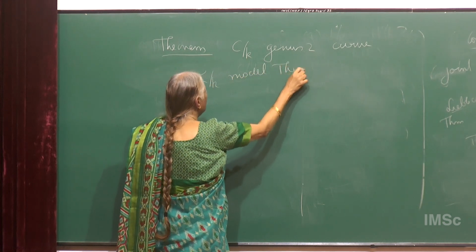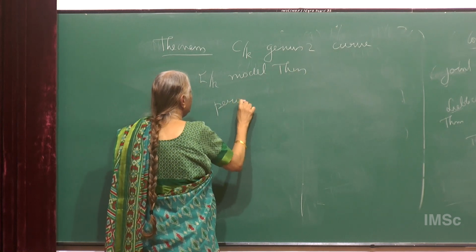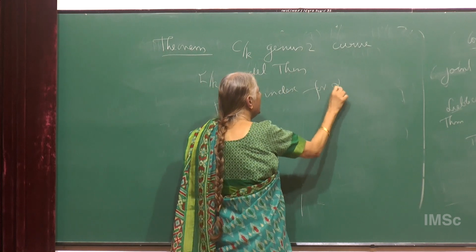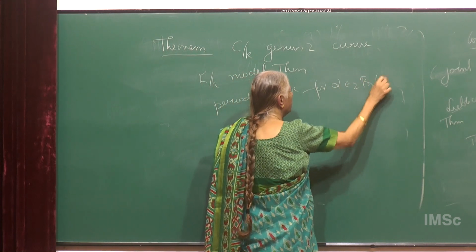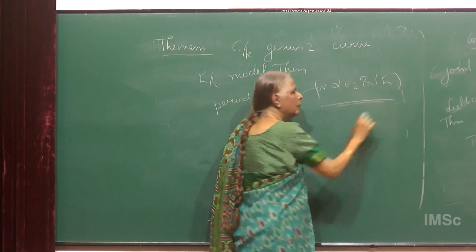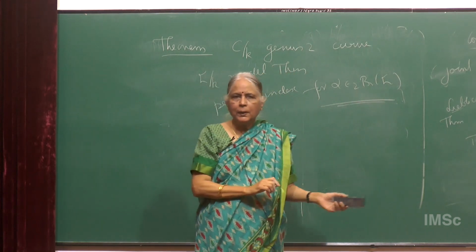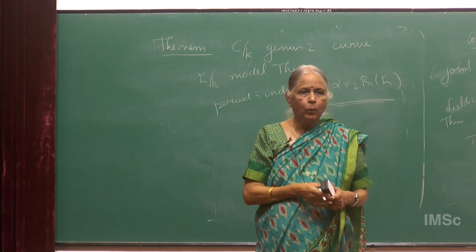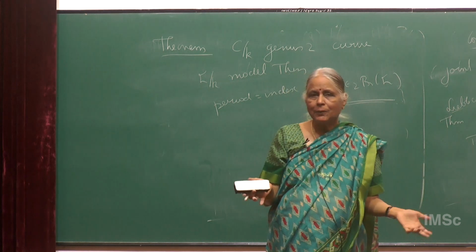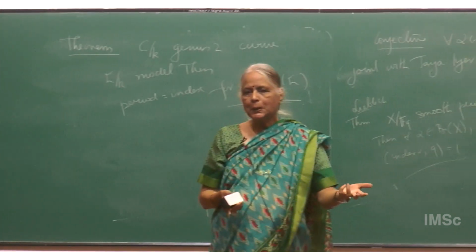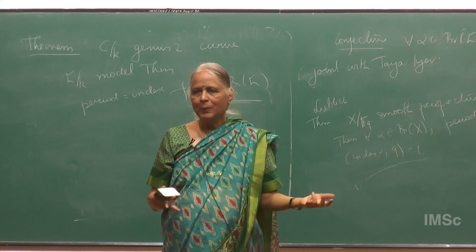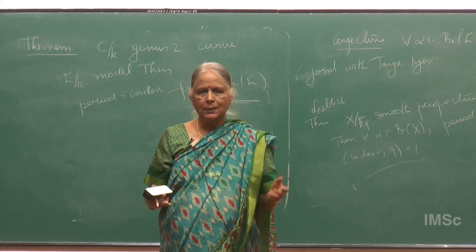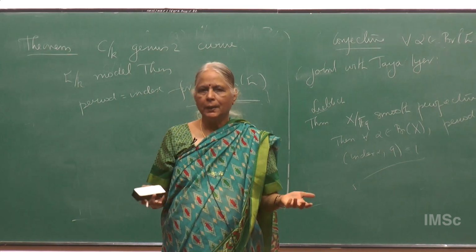Then the conjecture is true: period equals index for alpha in the 2-torsion of the Brauer group of X. So we prove that the conjecture is true for genus 2 curves. This probably gives a little hope for what could happen. We have a strategy for higher genus, but we don't know how to execute the final proof of the main result. But at least for genus 2 we have a proof that period and index coincide.